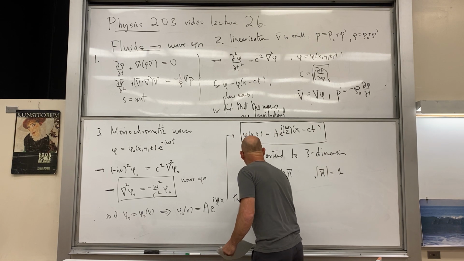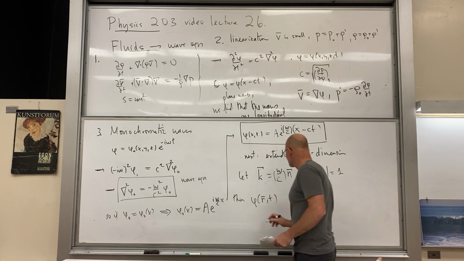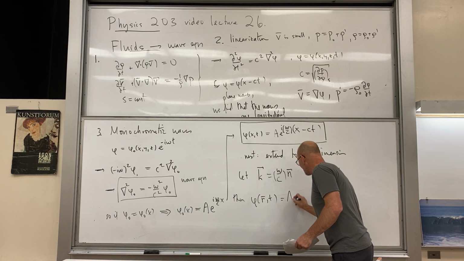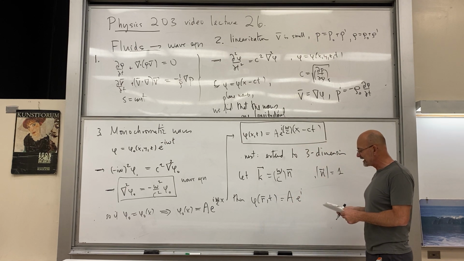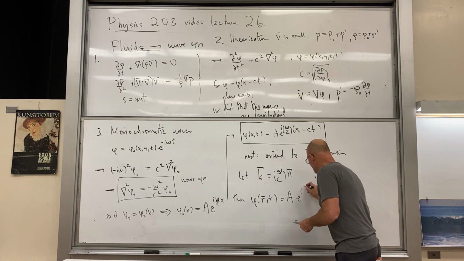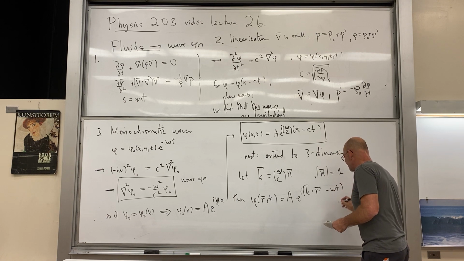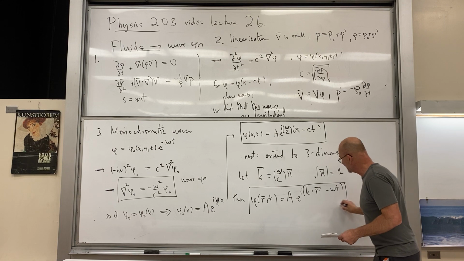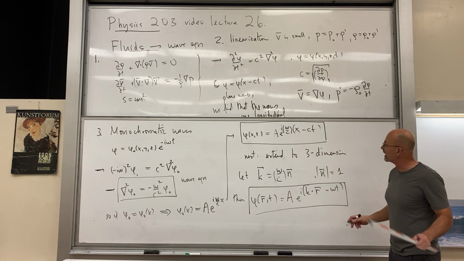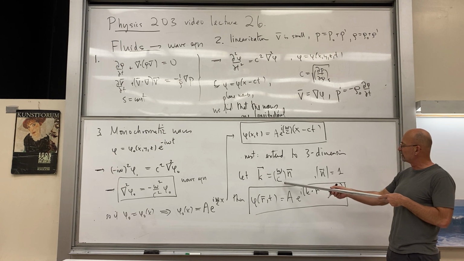Then we have phi of r and t, so vector r is equal to a e to the i, and now we'll put that k in there, k dot r minus omega t. And you'll see this is doing the same thing in 3 dimensions that this thing does in 1 dimension, because k is omega over c.